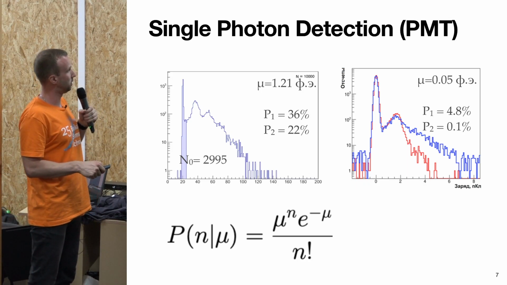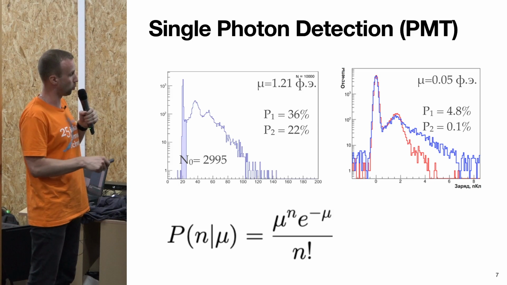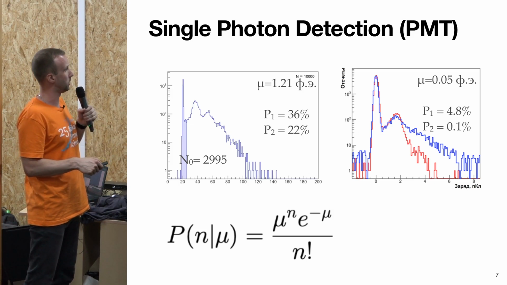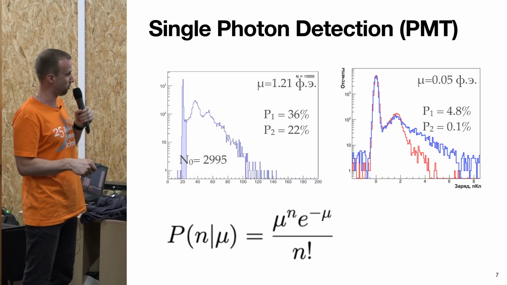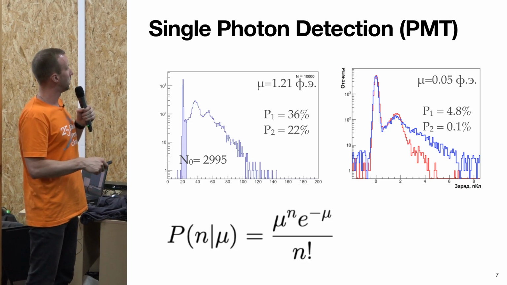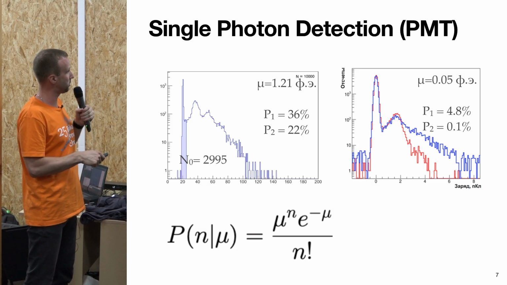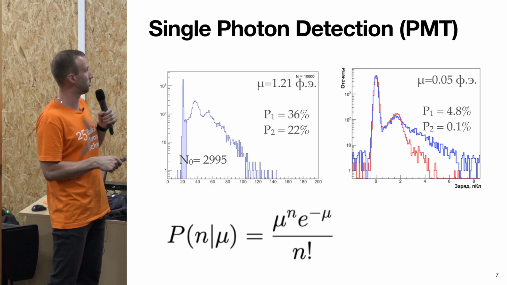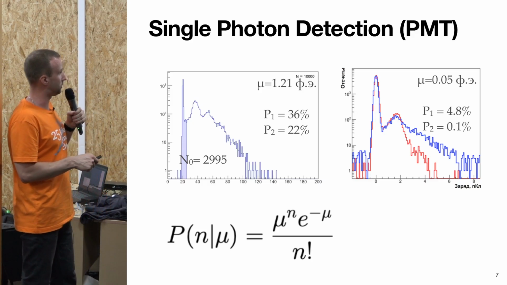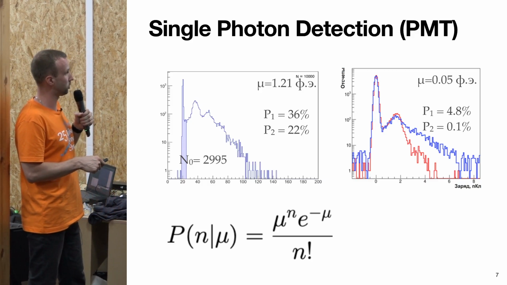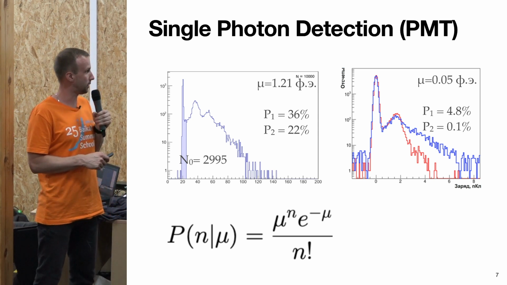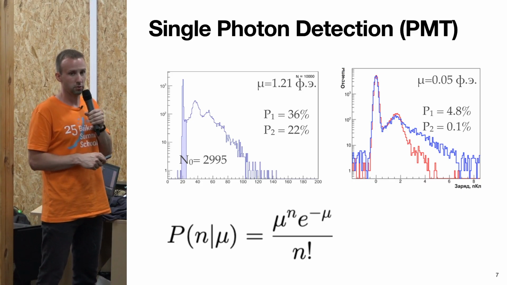A little bit more. On the previous slide I was showing you the spectrum from the silicon photomultiplier. Here I'm showing the spectrum from a conventional vacuum photomultiplier, and the spectra are different because for the silicon photomultiplier we have a very good so-called single photoelectron resolution.